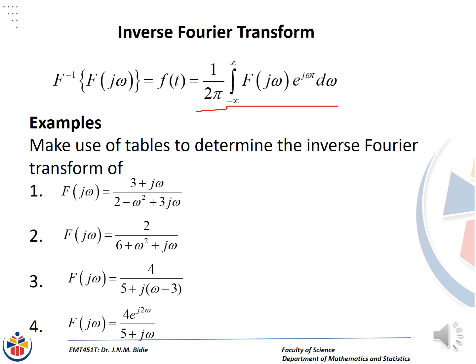So for the first two, it requires the factorization of that denominator and then taking partial fractions, and also recognizing that when you're substituting the values after taking the partial fractions, in order for you to get the constants A and B, we substitute the values for j omega.